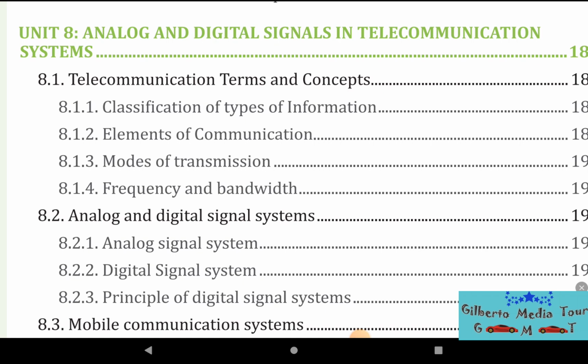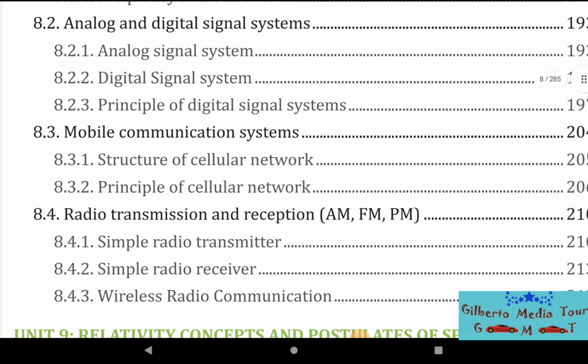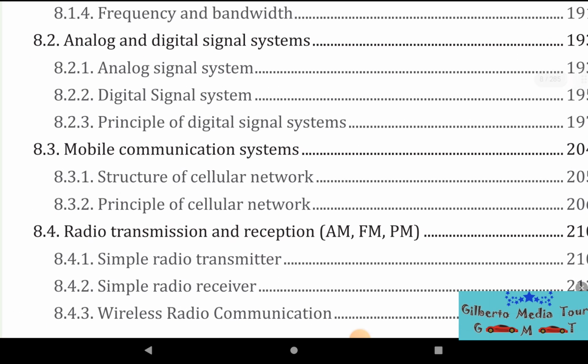We shall differentiate both terms, and we know what is communication system. So telecommunication terms and concepts, analog and digital systems, mobile communication system. Also, we shall refer on this, where we will be able to know what is the mobile communication system and the analog and the digital systems, radio transmission system. This is in unit number 8.